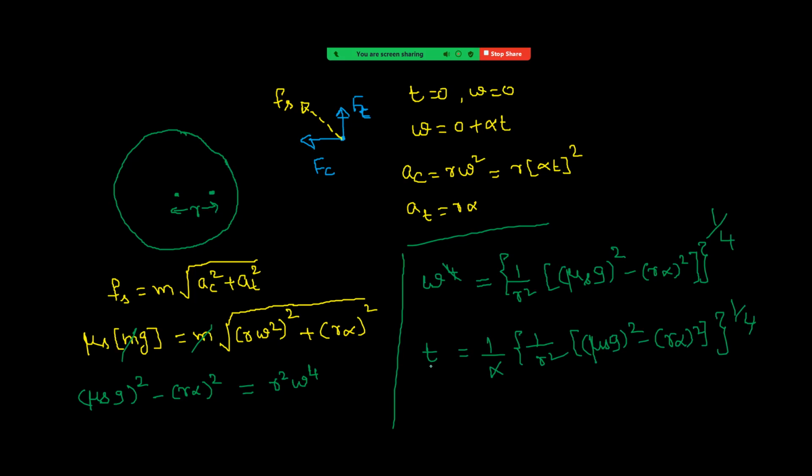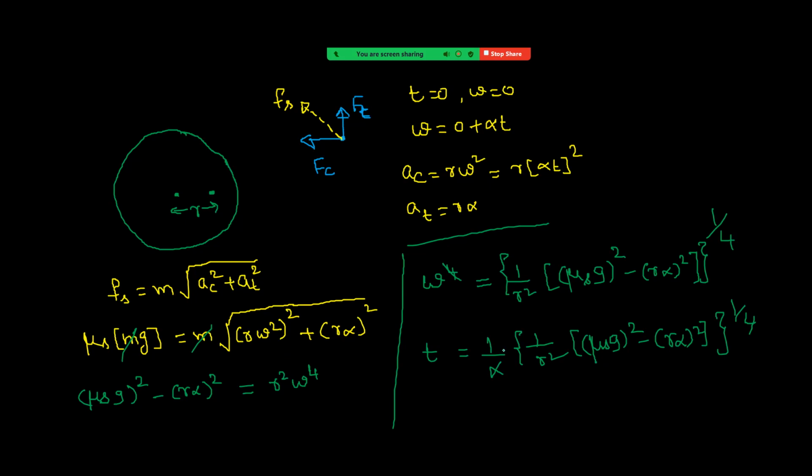So this is the time at which slipping starts, because we have taken when friction becomes the limiting value, then the block starts slipping. So the key point is that friction is providing both centripetal force and tangential force. So the resultant force is nothing but the frictional force. So net force is mass into acceleration, and the remainder is just the calculation part.